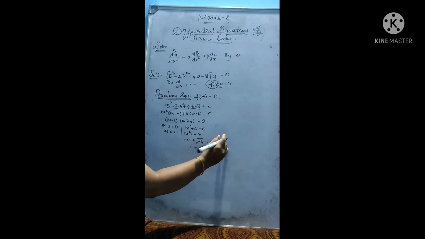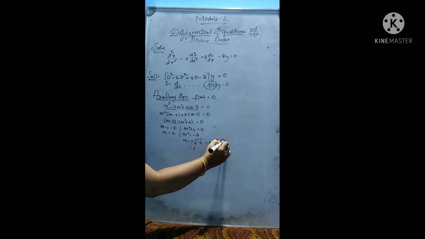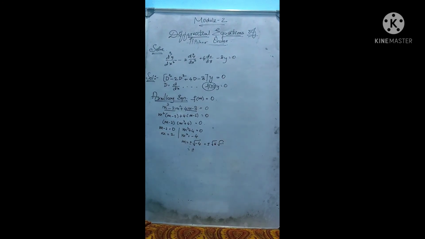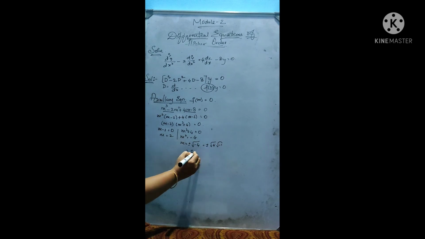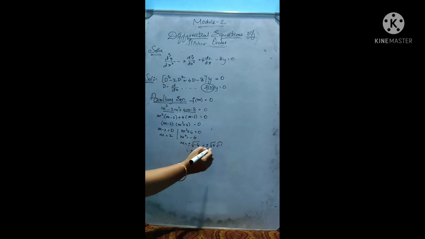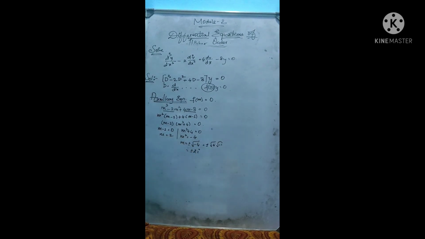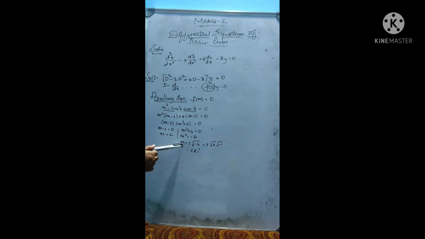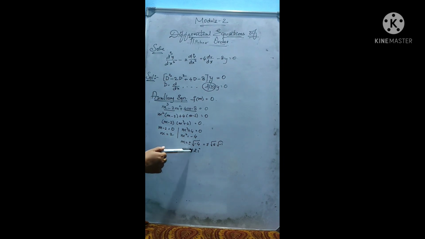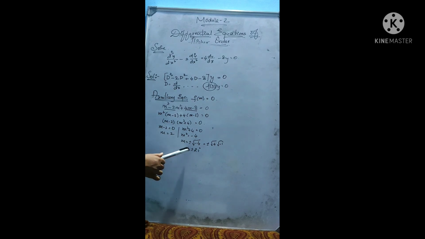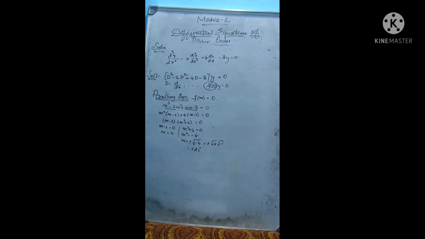Now root 4 is 2 and root of minus 1 is i. So our solution for this particular part is m equal to plus minus 2i. M square is minus 4, m will be equal to plus minus 2i.